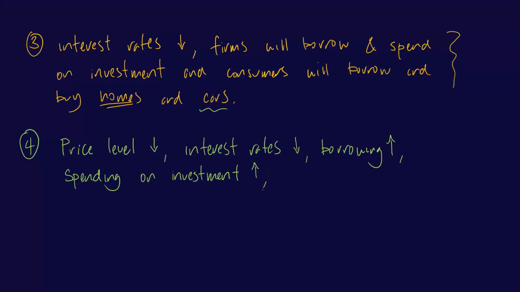But mostly investment spending. And when that happens, since investment is a part of GDP, aggregate demand goes up, which just means that GDP goes up. Okay, so recall that we're measuring aggregate demand in terms of amounts of GDP, so these two are really the same. Everything else here is one thing causing the next thing to happen.